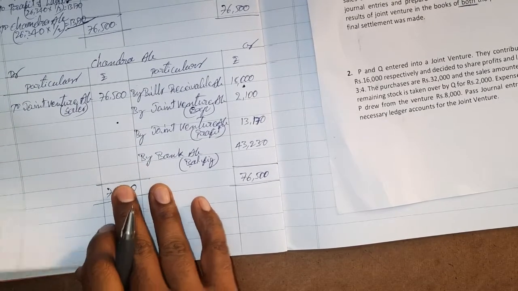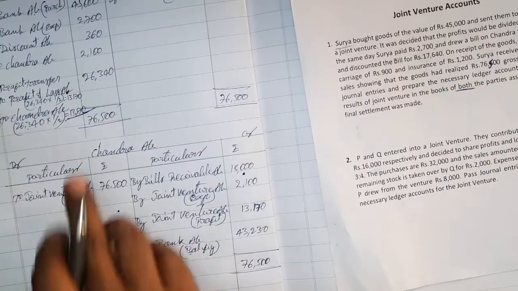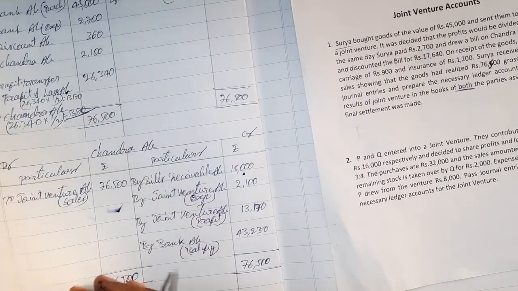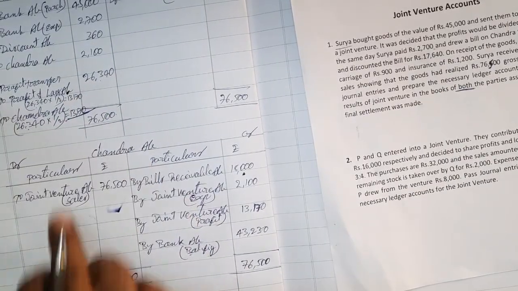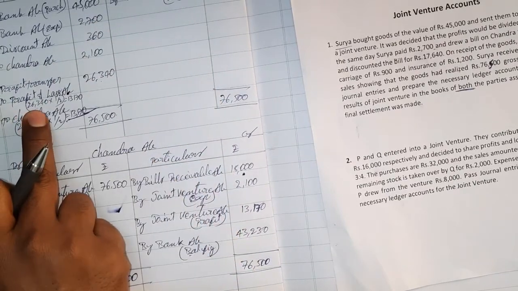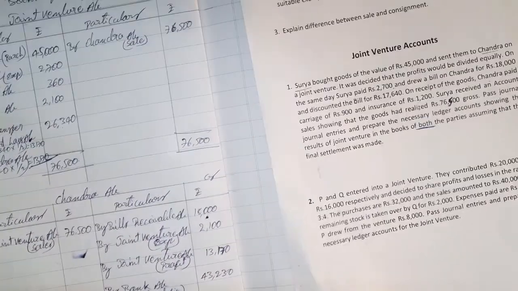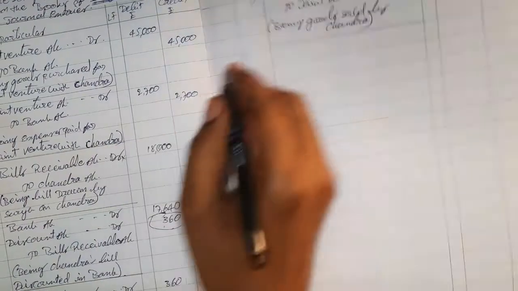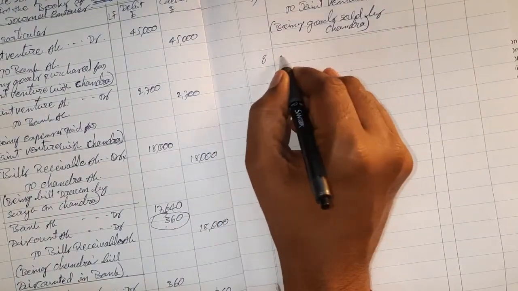Okay, for this profit you can write one entry. Whatever the joint venture profit, that is joint venture account to debit to profit and loss account to Chandra account, 13,170. That is the 8th entry.